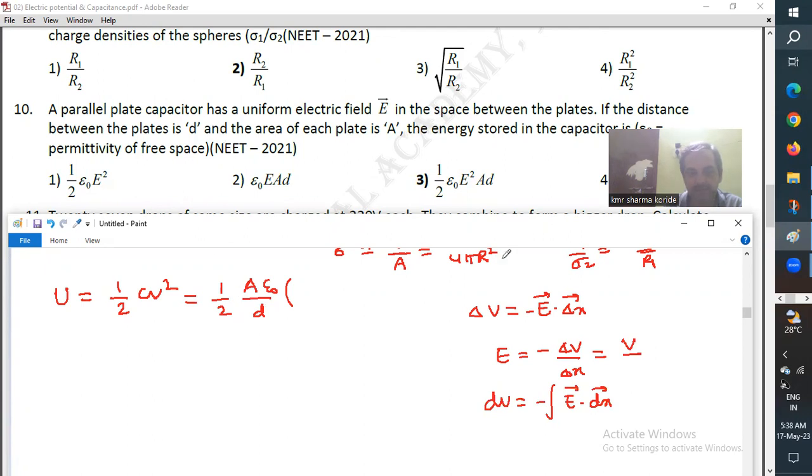The gap between the plates of the capacitor is D, so the potential can be replaced with E into D. Now V square is E square D square, and one D gets cancelled. Therefore, half into A epsilon naught E square D. This is the energy stored. Which option is correct? Once you check, A into D is there, epsilon naught E square half, so the third option is correct.